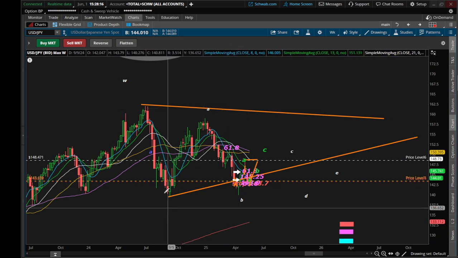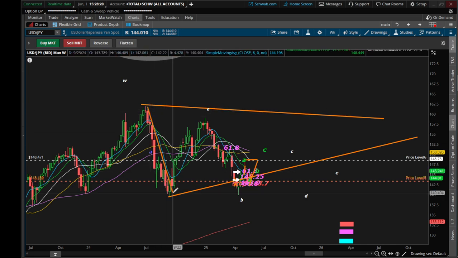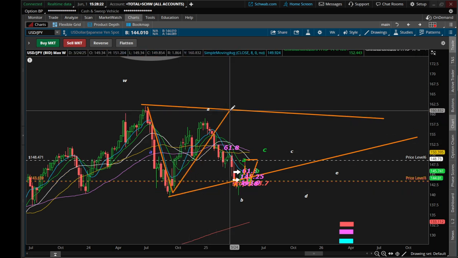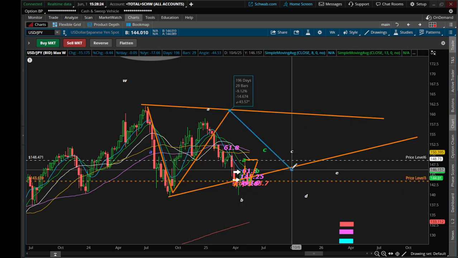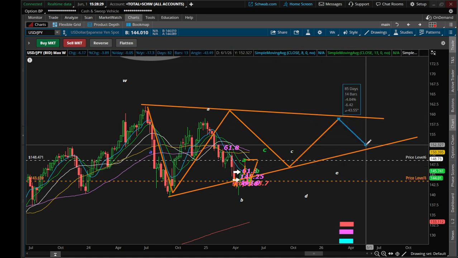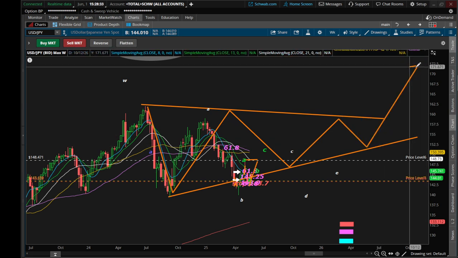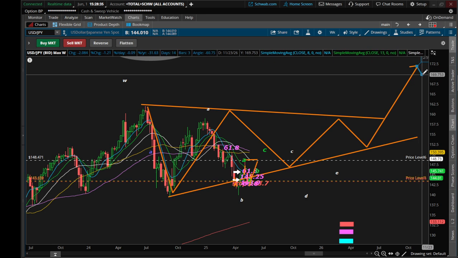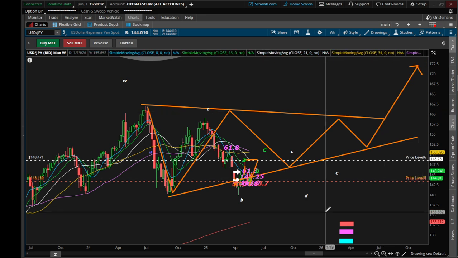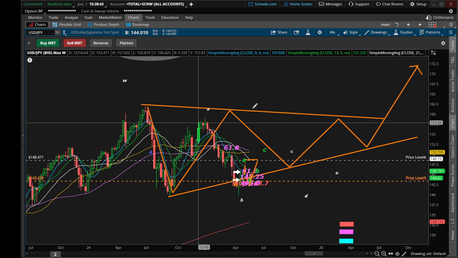But for the upside, we have an A, this B, this C, this D here, and then maybe an E to finish the triangle, and then we move higher. Okay. So go ahead, pause the video, write that down. That's going to be one scenario.